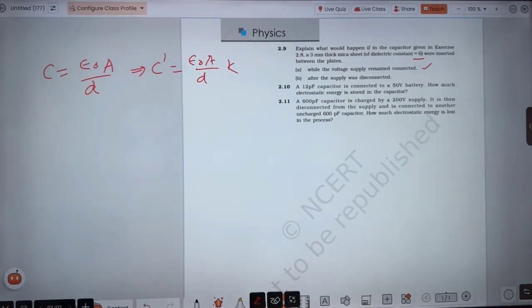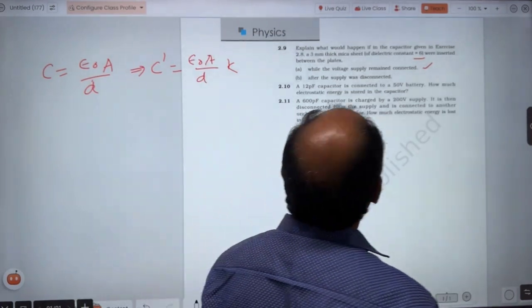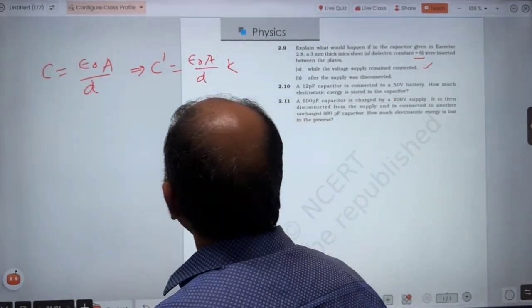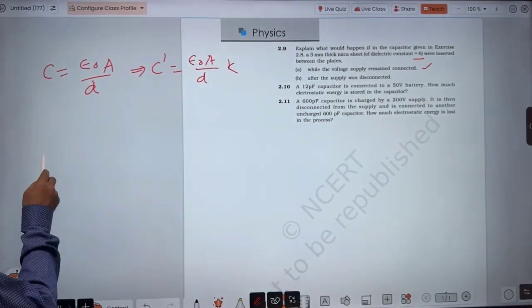Charge will also remain the same. There won't be a difference. But what will happen to the voltage? Voltage will change by what? Voltage will become V upon K, where K is the dielectric constant. I think you have understood.